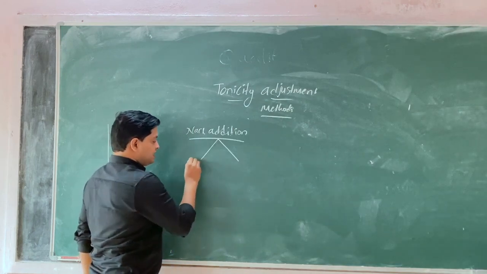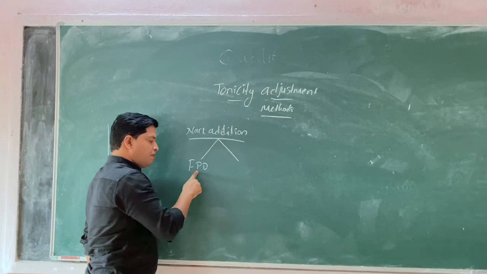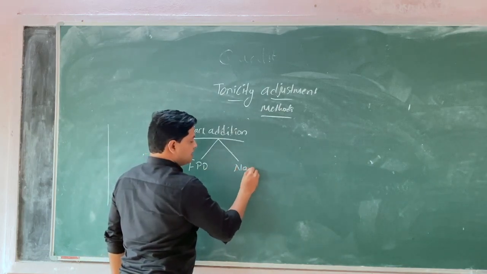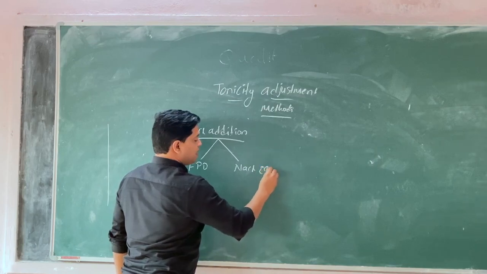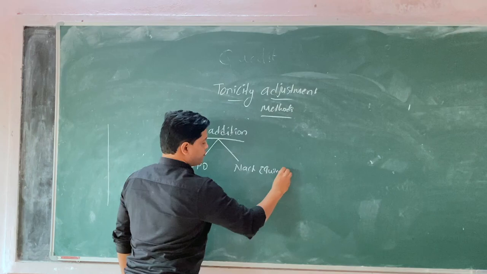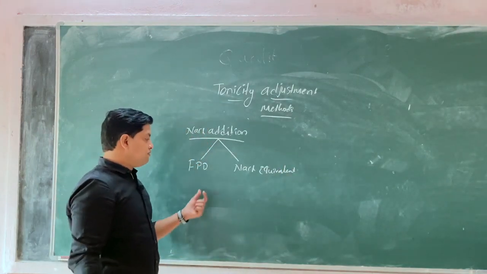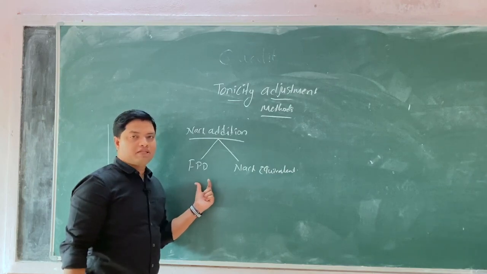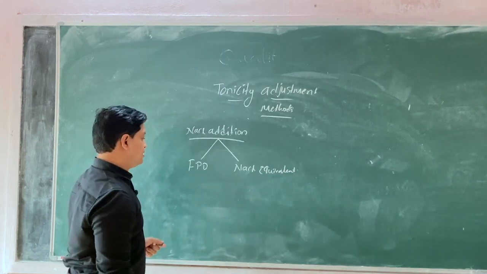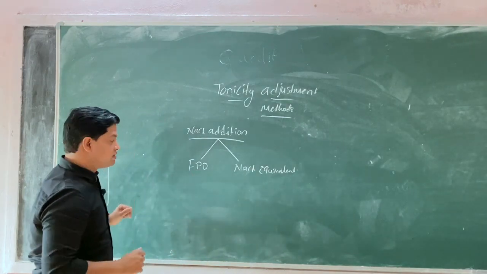Your first method is the freeze point depression method, and the second method is the NaCl equivalent method. Now let's see the freeze point depression method first.